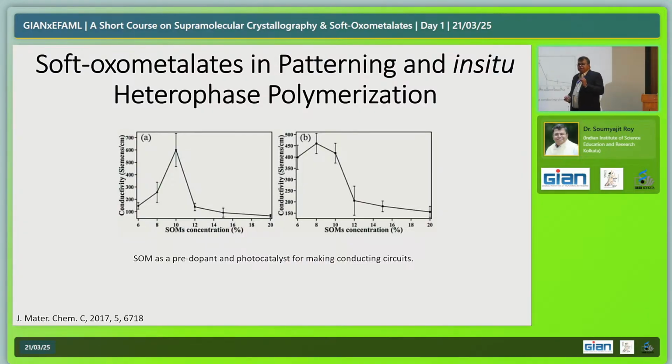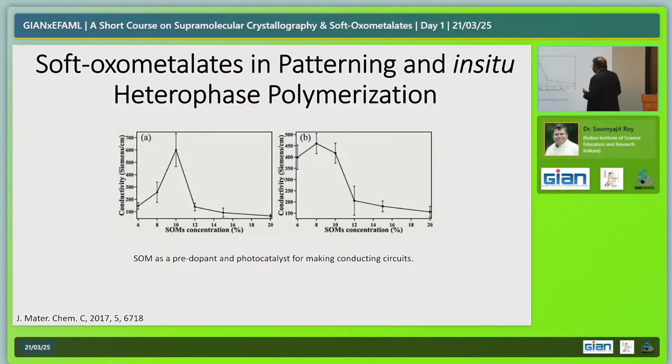So we then measured conductivity, and by measuring conductivity, we were able to see that we have in fact made plastic conductors. So plastic conductors, you know, are polymeric things which are conducting. So we have come across plastic conductors, and the conductance is also not that bad. It's around 600 Siemens per centimeter.